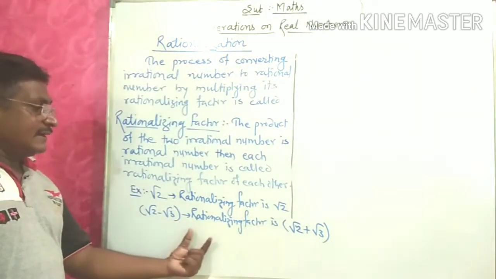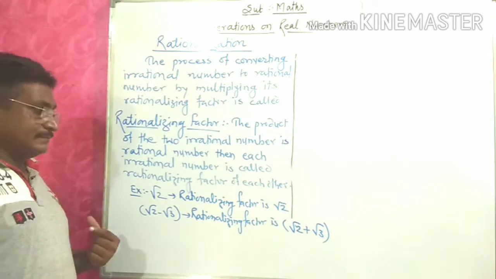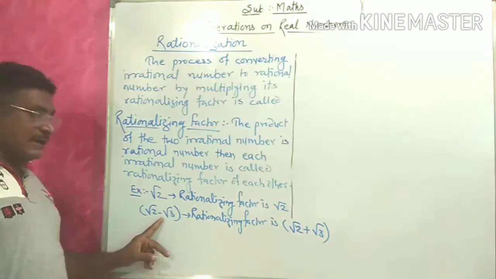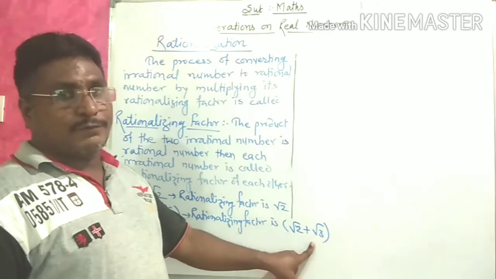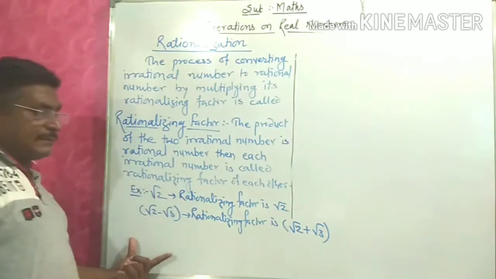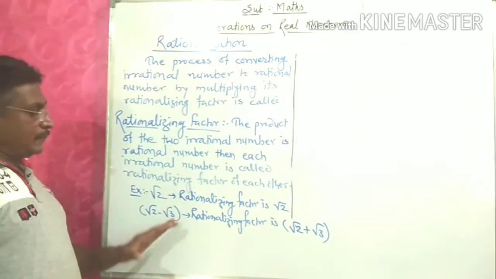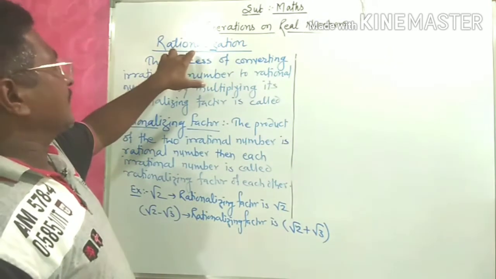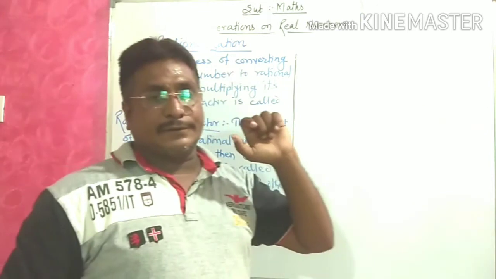So these are the rationalizing factors. If minus is here, plus is there; if plus is here, we will get minus. Understood, students, what is the meaning of rationalizing factor? By using this we are rationalizing the denominator.